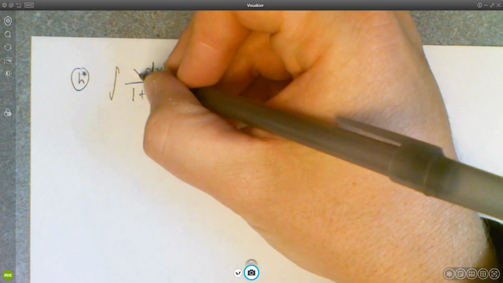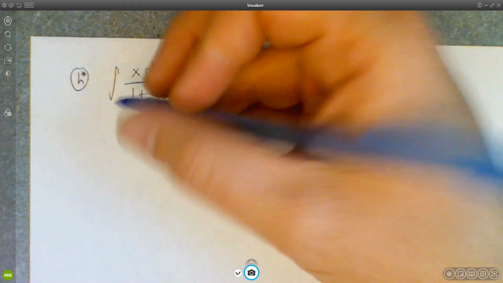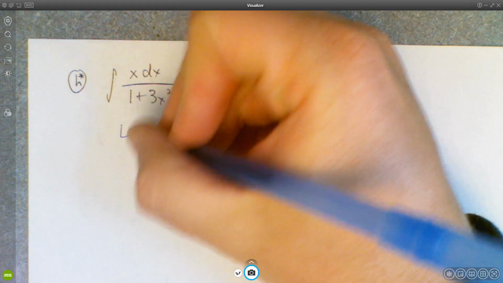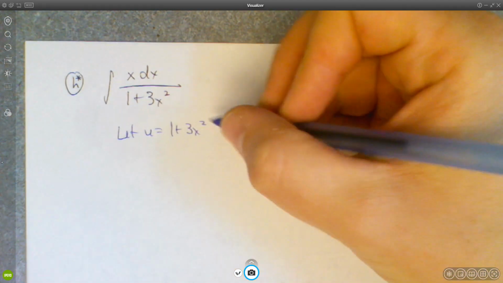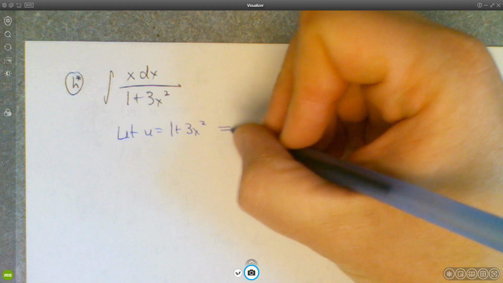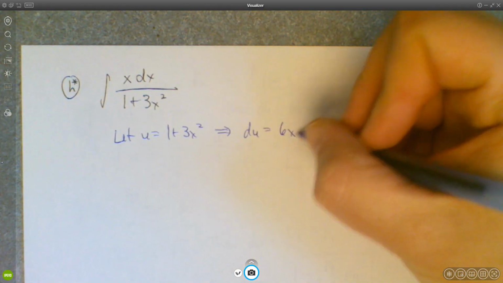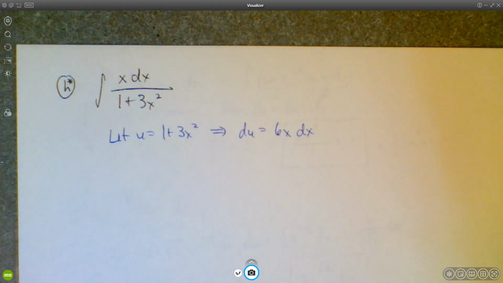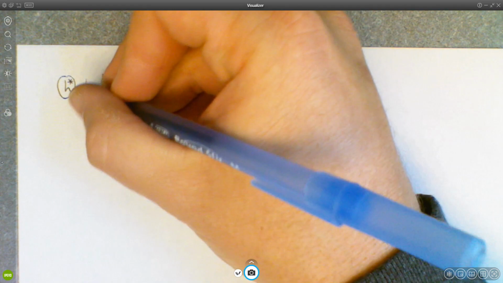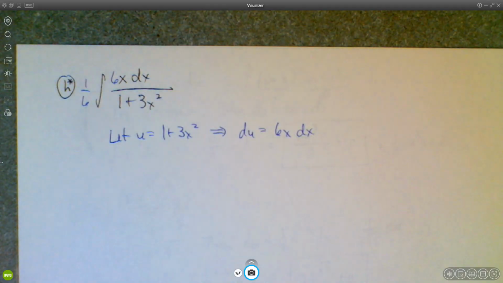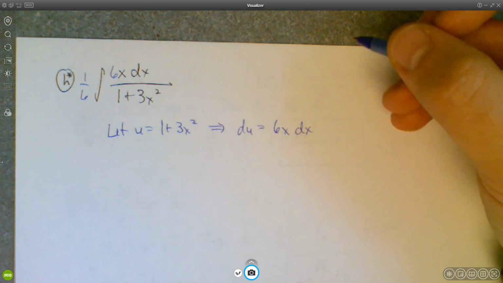This is just a bonus. If we had an x up here, then we could let u be 1 plus 3x squared. And so then we'd get du equals 6x dx. And up here I have an x dx. I can make it a 6x dx as long as I put a 1/6 out there. So then I've got du over u.